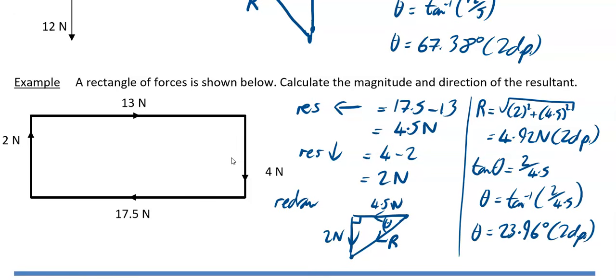You could find their overall horizontal component, and then what you could do is just combine them, redraw it. It's just two forces, in this example 4.5 to the left and 2 going down. You can find your R using Pythagoras, and you can find your theta to the horizontal, and then that is it. You found your theta using your SOHCAHTOA.